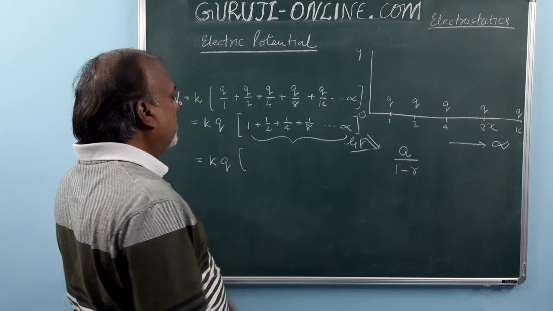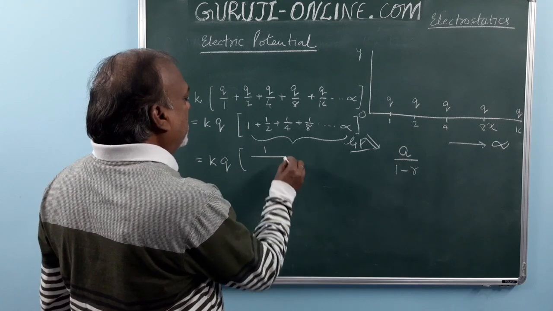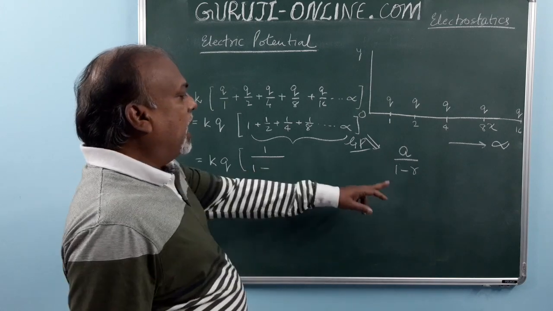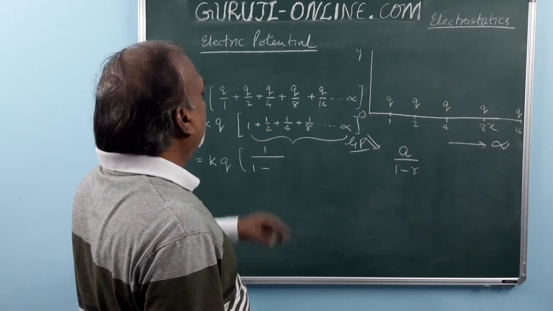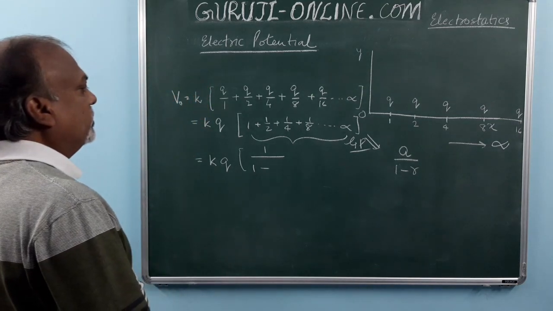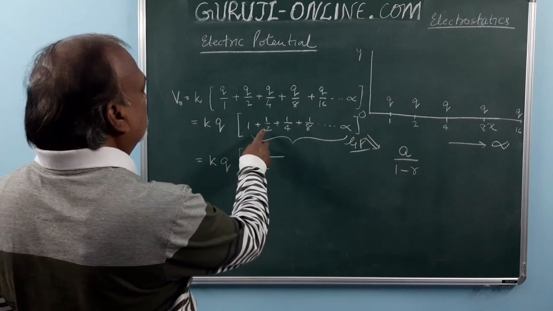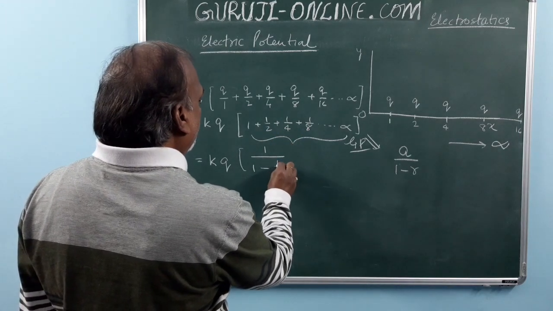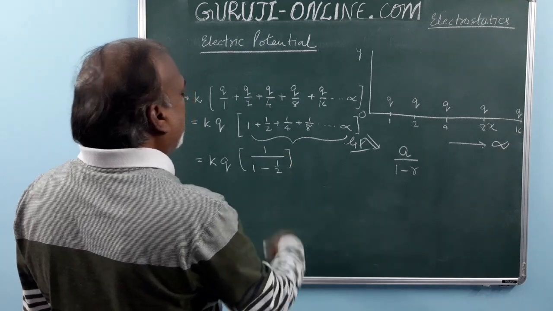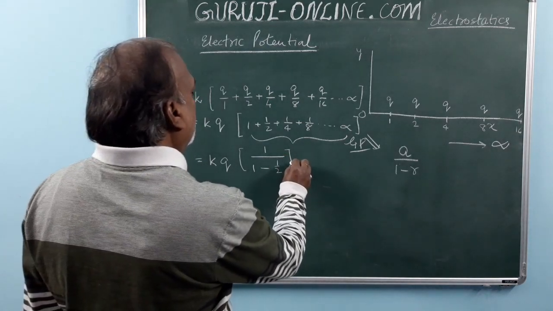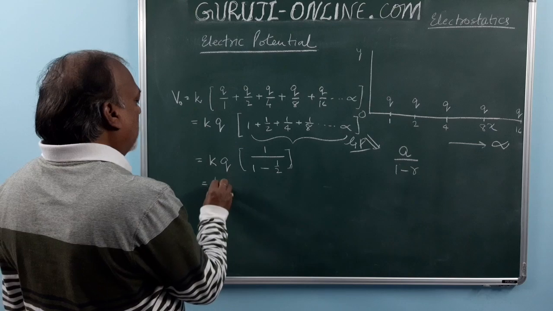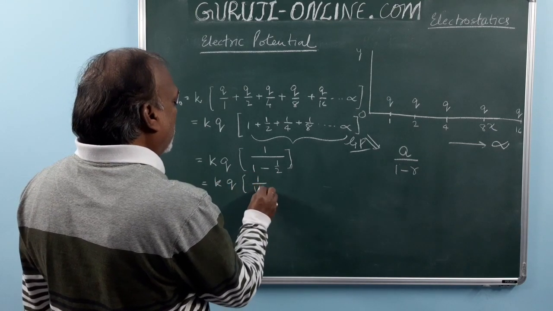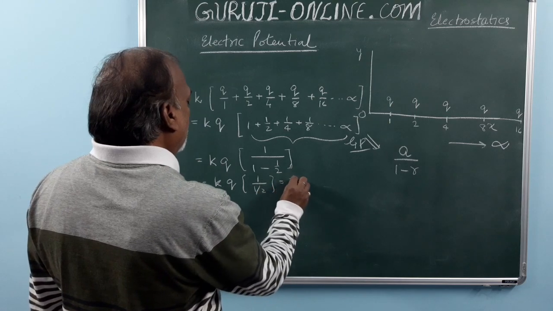It is the first term. And what is R? It is the common ratio, the ratio of each term divided by the previous one. It is nothing but 1 by 2. So it will become 1 upon 1 minus 1 by 2, which is 2K Q upon R.